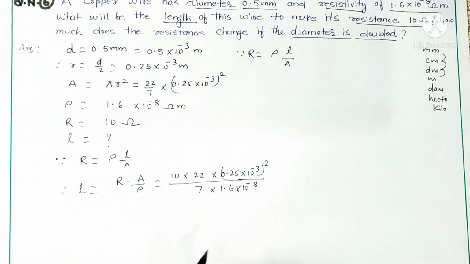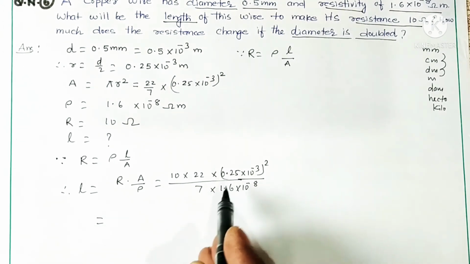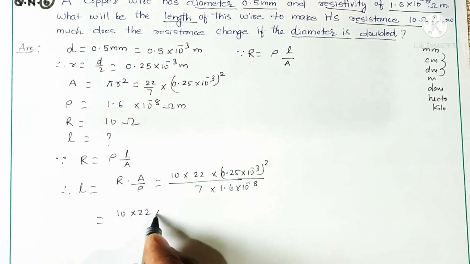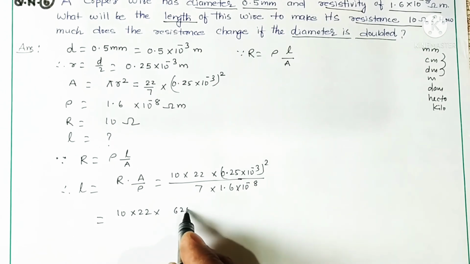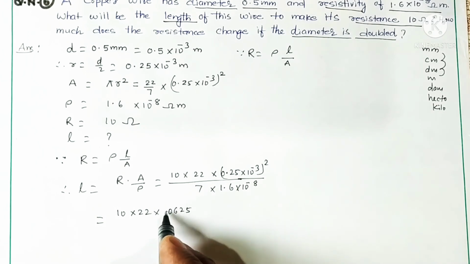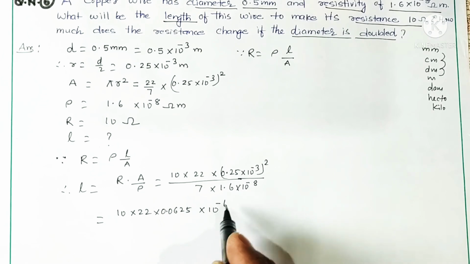Now the question is how we will solve this. It looks somewhat complicated. So no problem, just take the numeral values. Here it is 10 into 22 into, if you multiply 25 two times, it will be 625. Here the decimal is after 2 digits, so it will now be decimal after 4 digits, and here 10 to the power minus 6.